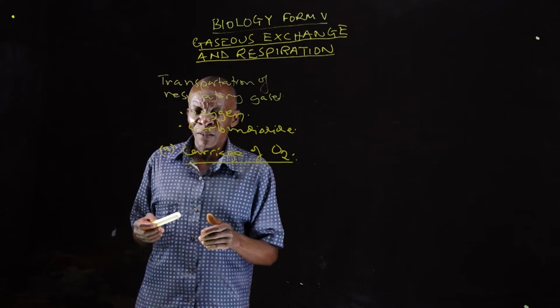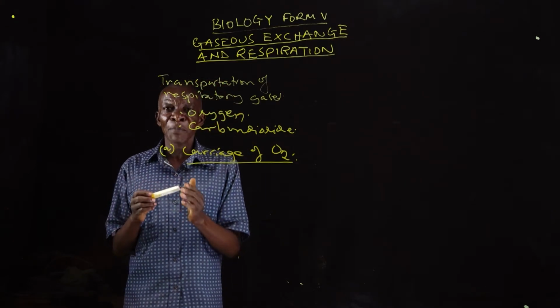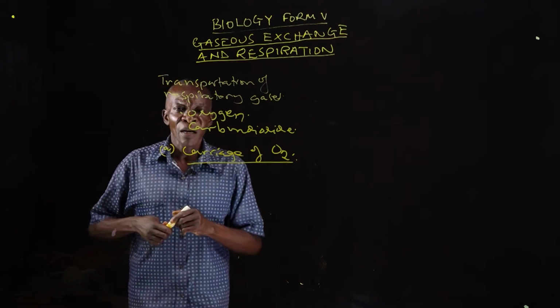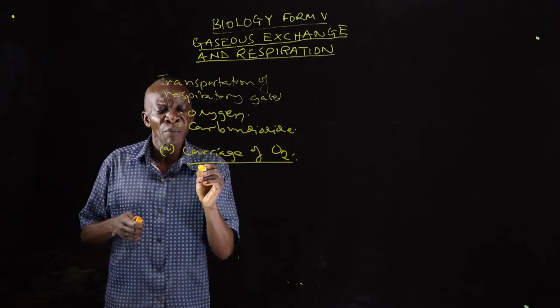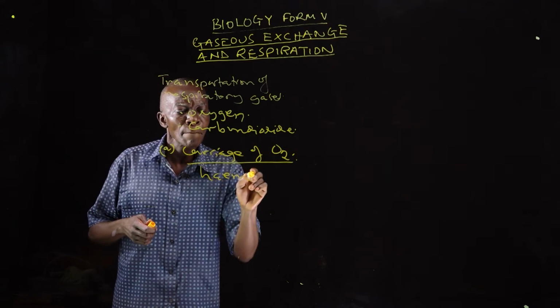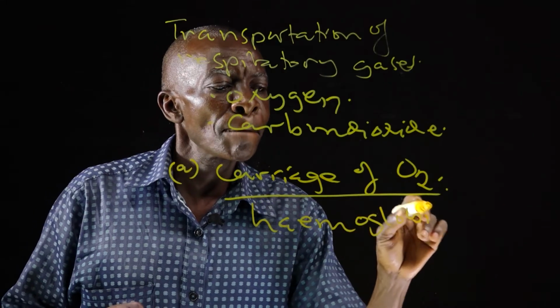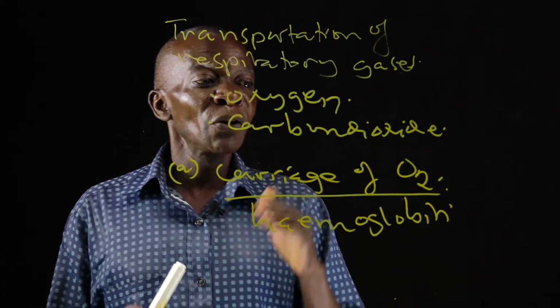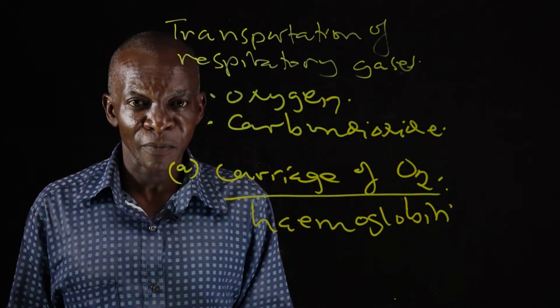Well, my dear student, the red blood cell contains a pigment called hemoglobin. It is this hemoglobin that is responsible for transportation of oxygen.